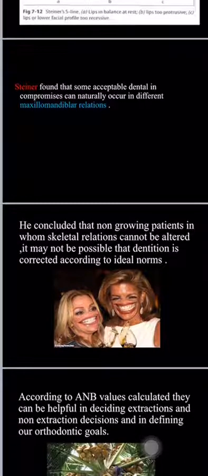He concludes that no growing, يعني adult patient in whom skeletal relationship cannot be altered, it may not be possible that dentition is corrected according to the ideal norm. إذن بالشخص الأدلت اللي نقول عليه no growing صعبة أنه نغير بالدنتال تشو ونحصل على النورمال value.